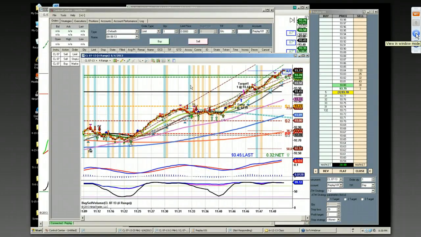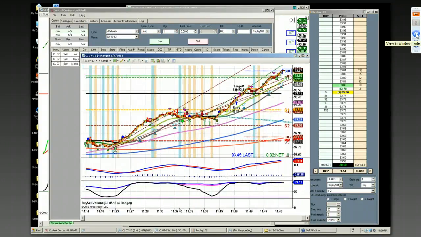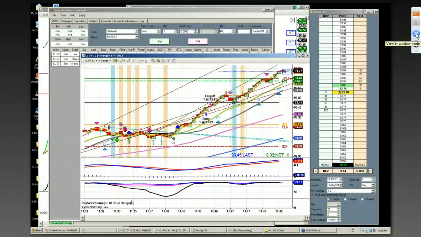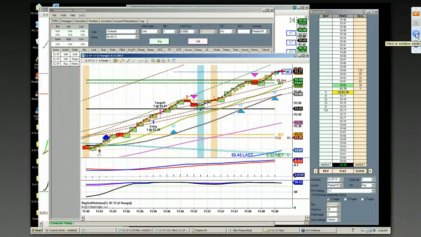Okay, what are the beige and the blue bars? Well, they're affiliated with the fractals. Basically, whenever you see the blue bars print, the blue bars are telling you you're going to get a change of direction. You had a little downward motion, and then a blue bar printed saying, okay, we're going to go long.